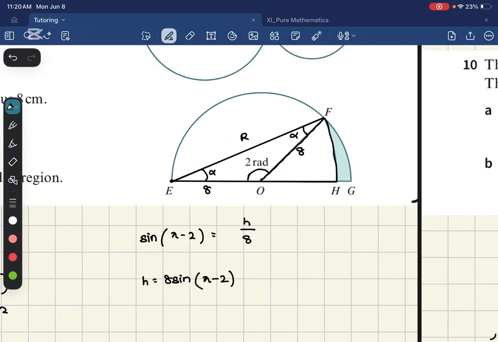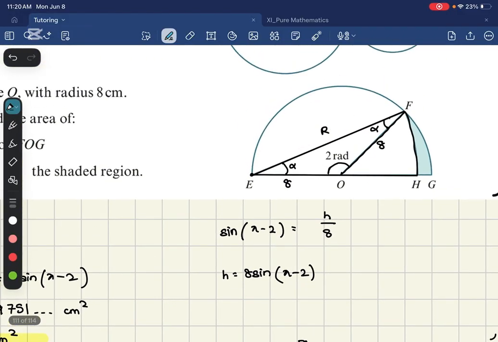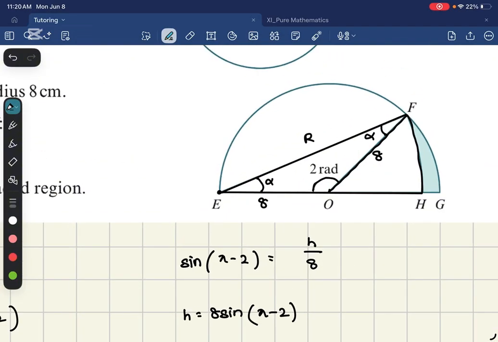What is the area of the shaded region? So the area of the shaded region is the area of this sector. So we know the area of this sector, right? We already calculated the area of this sector, and we know the area of the triangle.